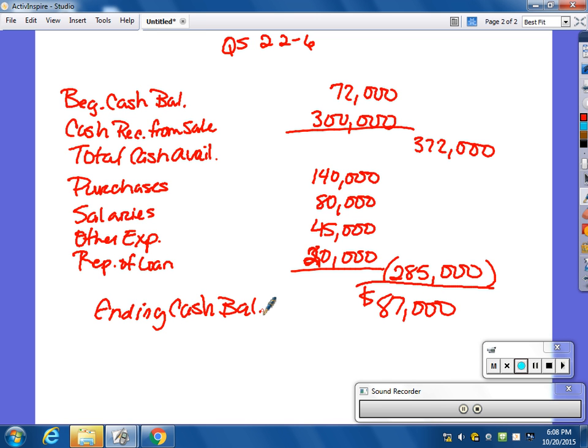Okay. So what do you start with for a production budget? Ending inventory. Why in the inventory? Because you have to figure out. Do y'all have an example of a production budget in your chapter?